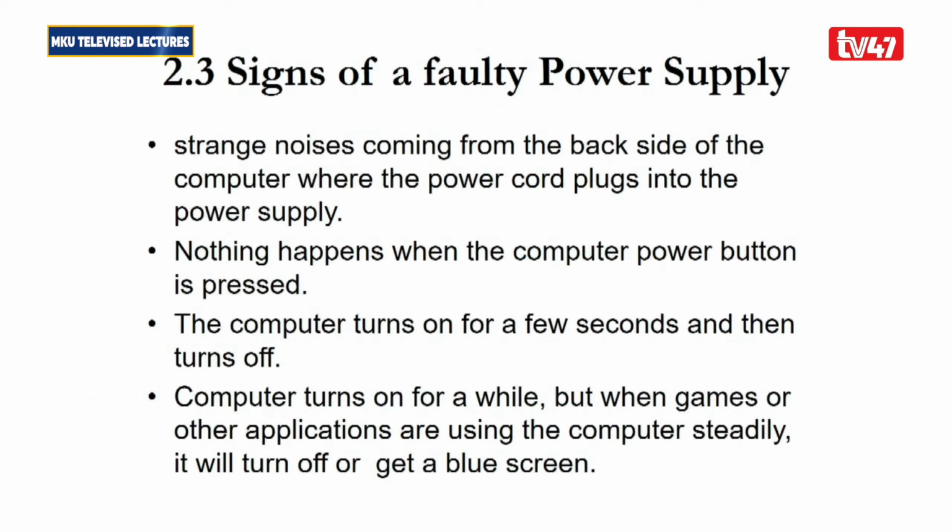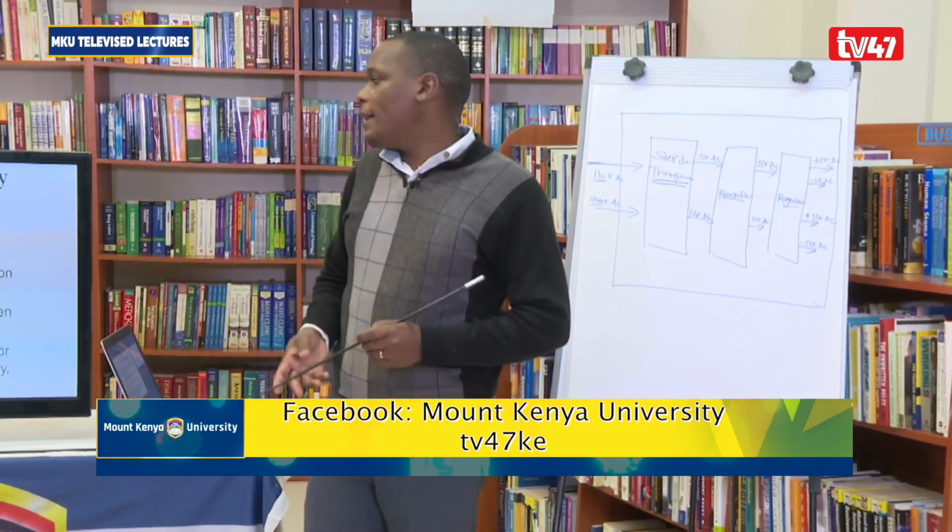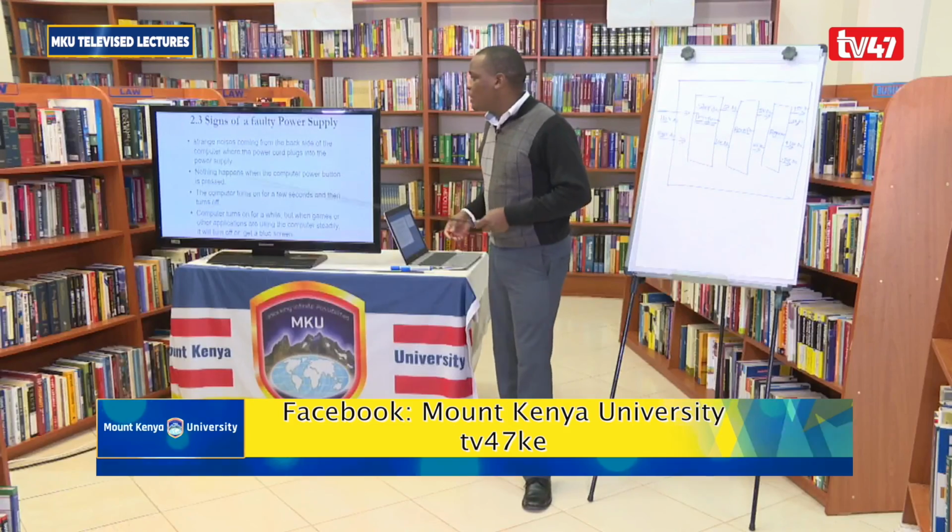The troubleshooting aspect is based on a multimeter where you connect the multimeter to the power connector output, that is these connectors, and ensure the right voltage is coming out. And again, you check the connector from the main socket to ensure that power is getting through to the power supply unit, and it's not the issue of failure of the power, and therefore you are able to narrow down and know that there is a problem with the power supply unit.